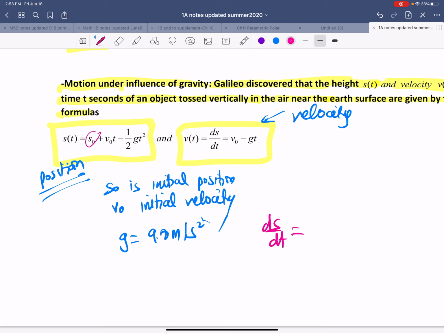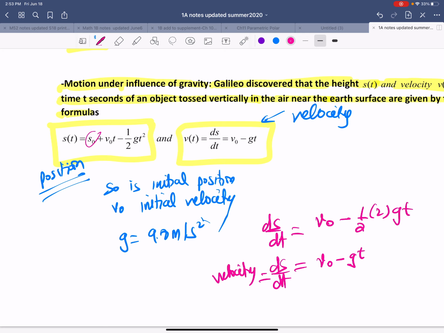So ds dt would be V naught minus 1/2, and the 2 comes in the front, times g. So ds dt, which is velocity, is going to equal V naught minus gt, because it was t squared.